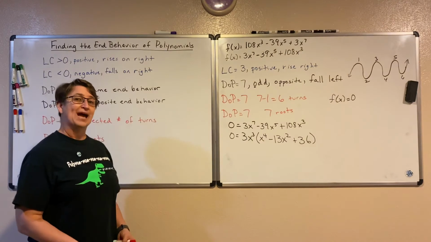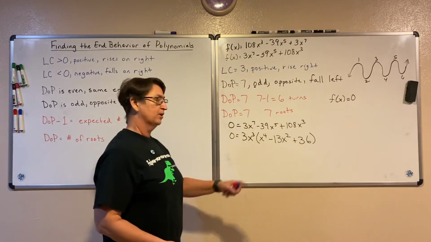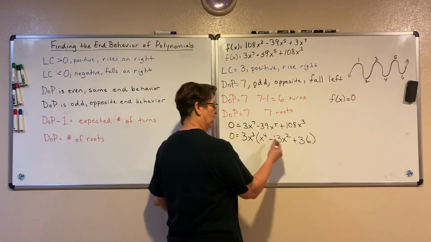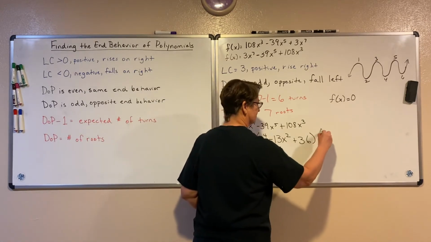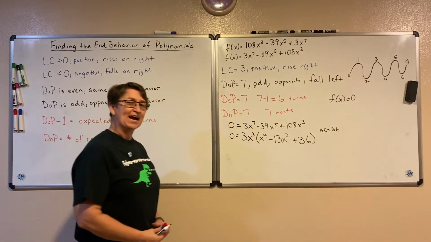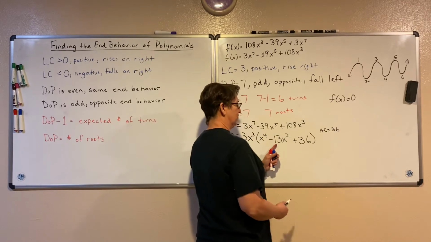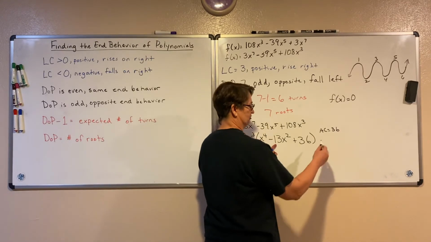Now I'm going to use my AC method to factor in here. Remember, my A is 1, my C is 36, so my AC is 36. I'm looking at factors of 36 that multiply to be 36 but add to be a negative 13.